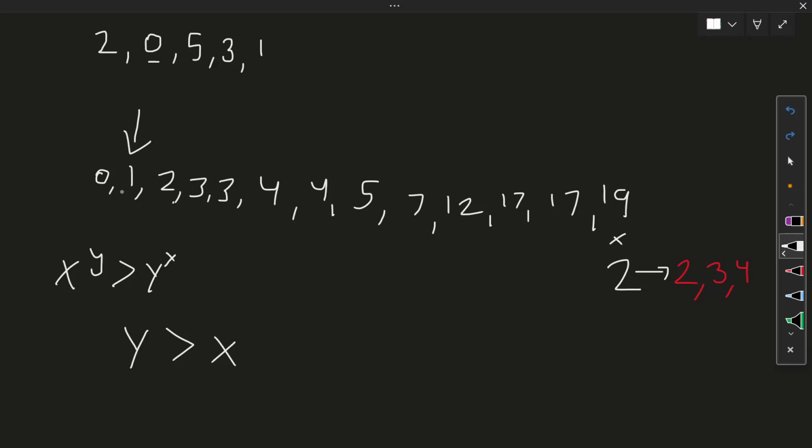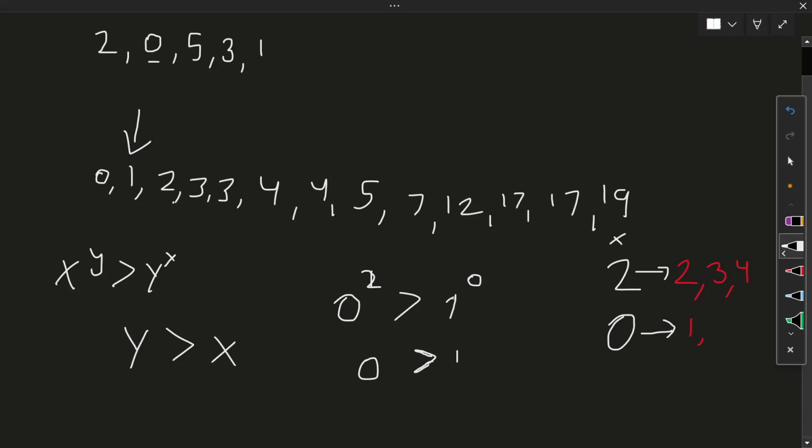So let's talk about 0. If x is 0 and we have a value 1, I am writing this condition: y is 1 and x is 0. So for 0, 1 is not correct.